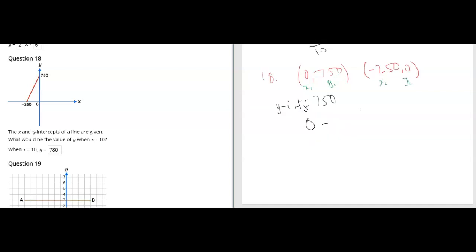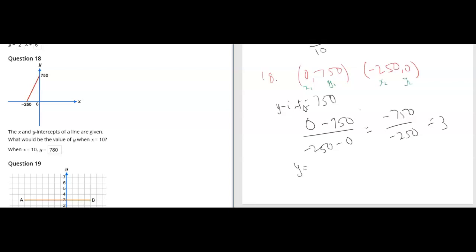So 0 minus 750 over negative 250 minus 0. So we've got negative 750 over negative 250. And looking at my graph, it has to be positive. So yeah, the two negatives are going to cancel out each other. So 750 divided by 250 is 3.